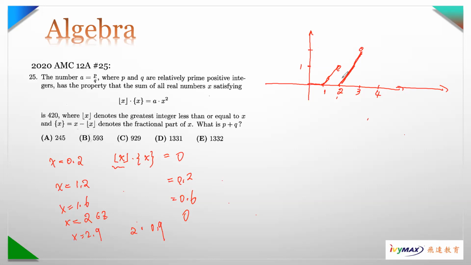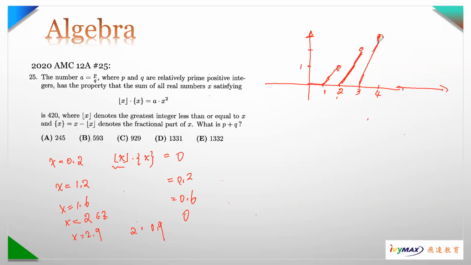Okay. And for the next segment, the slope will be increased as well, like this. Yeah. All right. So we can continue working on that. And this is the expression of the left part of this equation.